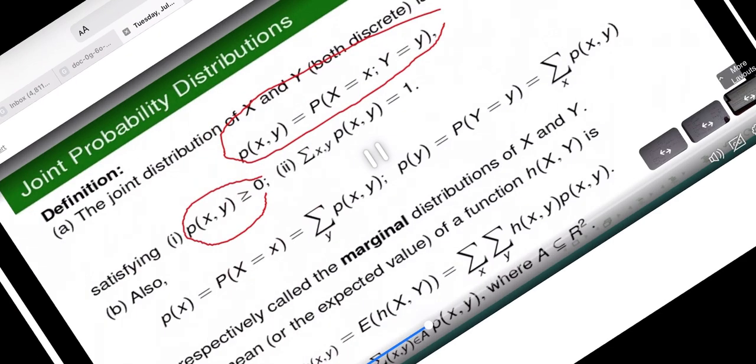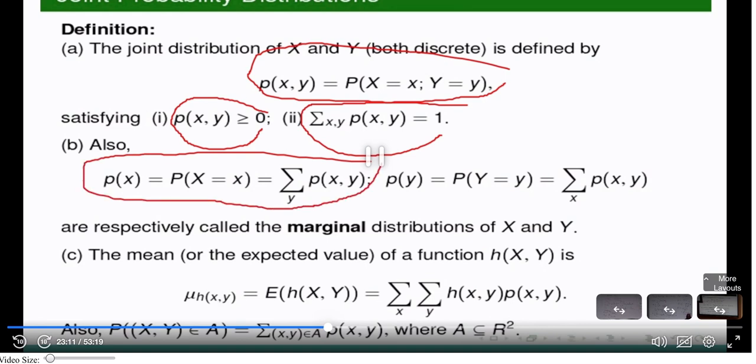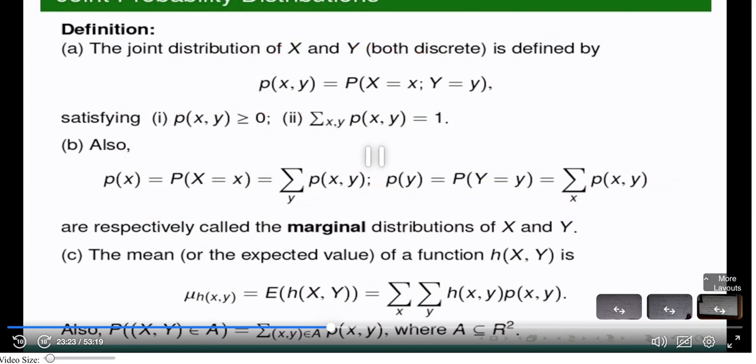Non-negativity: the probability of X and Y has to be greater than or equal to 0, and when I sum over the state space, it has to be 1. And here I'm getting the marginal probability for X, and here the marginal probability for Y. I just wanted you to understand that.